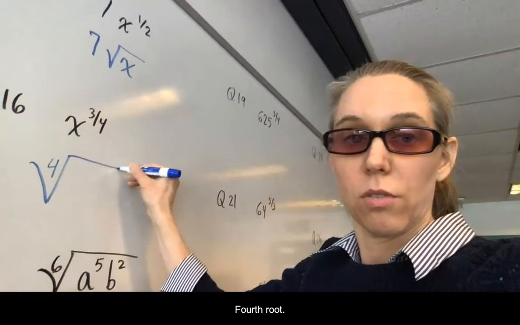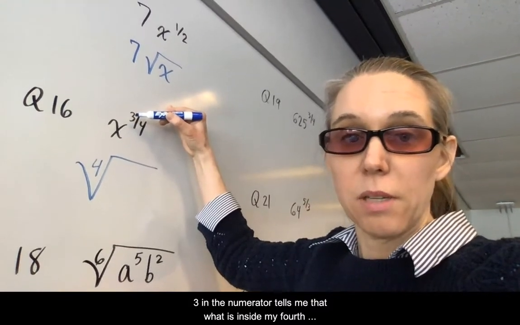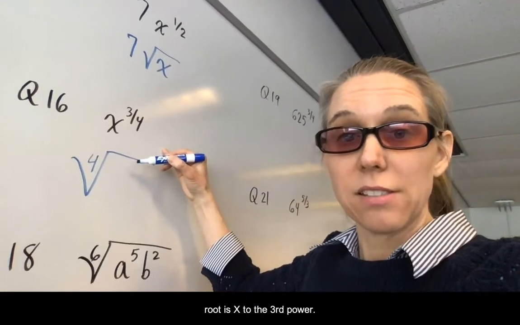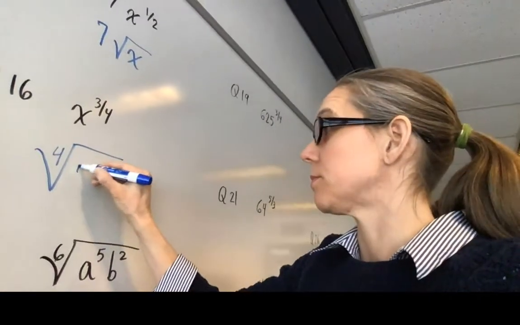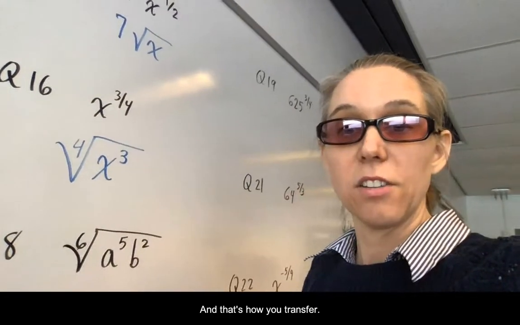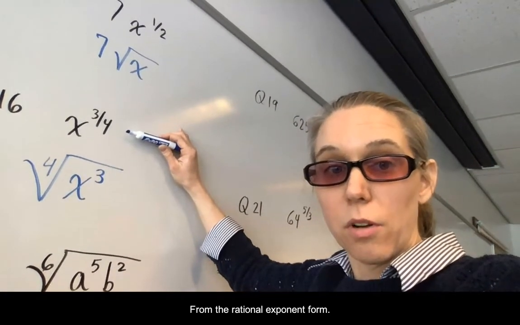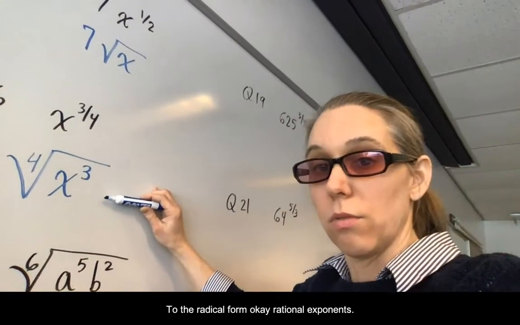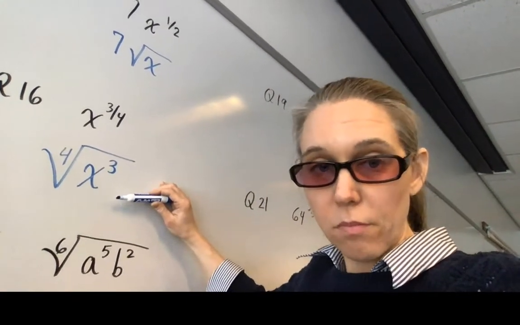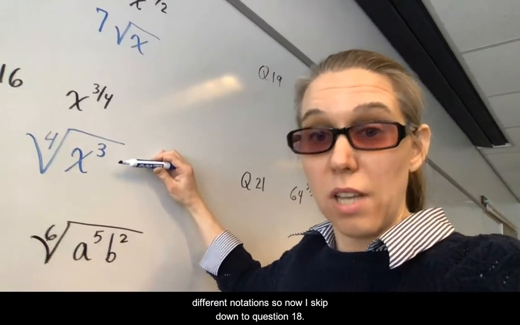The 3 in the numerator tells me that what is inside my 4th root is x to the 3rd power. And that's how you transfer from the rational exponent form to the radical form. These are exactly the same thing written using 2 different notations.